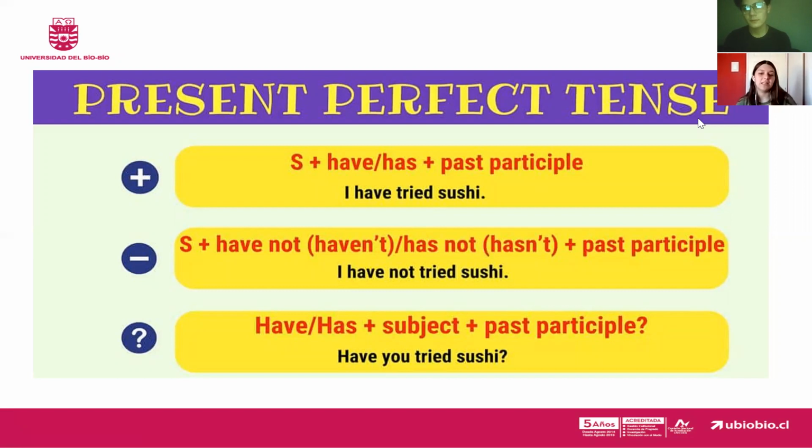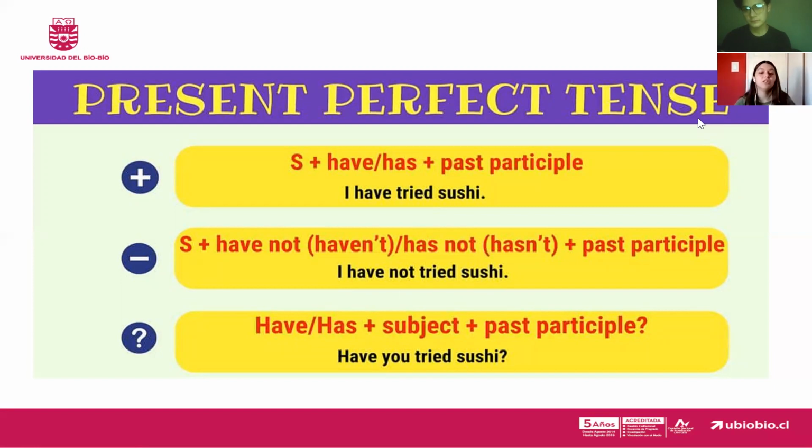Then in the negative form, it is the same, but the auxiliary verb goes like have not or haven't, or has not or hasn't, depending on the subject. And then we have the form for questions. In this case, we use first the auxiliary verb, has or have, then the subject, and then the past participle.